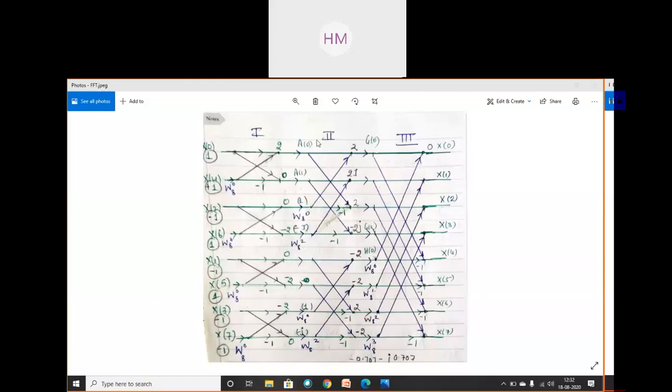I have written 3 stages over here because it is an 8 point FFT. 2 to the power 3 is 8. So 3 stages will be there. We will decompose this DIT FFT in 3 stages. So now start. I'm talking about the first stage. So combine two lines. Draw interconnections. Draw lines. Finished with the first stage.